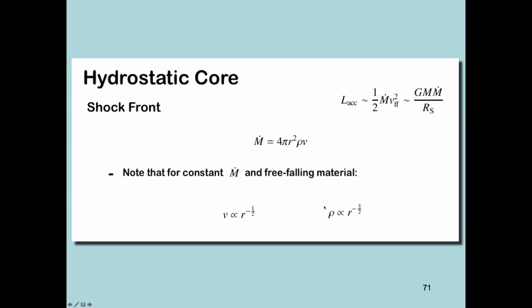And the density goes as r to the minus 3/2. This is again something that is good to remember. And if you see deviation from this, it means that probably there is not a constant M dot, which is interesting.